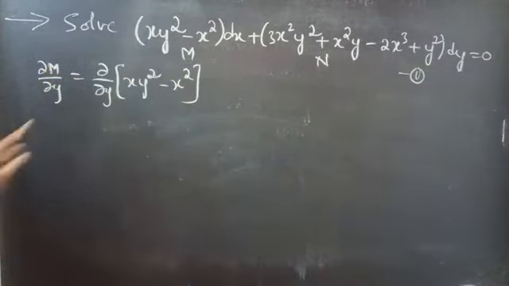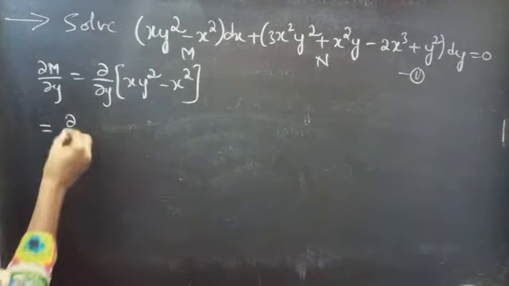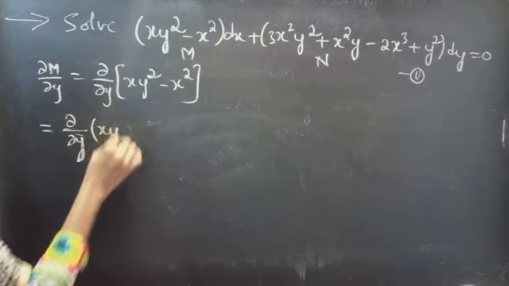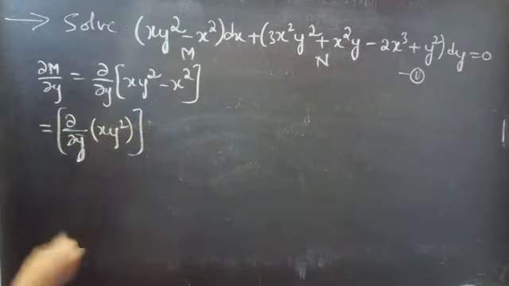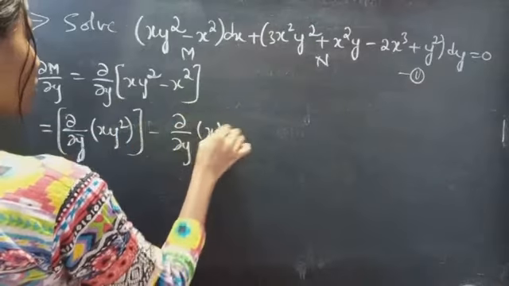Since we are doing partial derivative with respect to y, x will be treated as constant. This is the partial derivative of the first term minus the partial derivative of the second term.